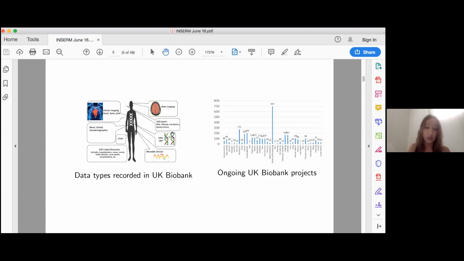There's actually whole genome sequencing data, 2 million SNPs or more. There's wearable device data, and of course we have prospective EHR-linked outcomes, which is nice for determining incidence of disease. And there are thousands, tens of thousands of UK Biobank projects ongoing.